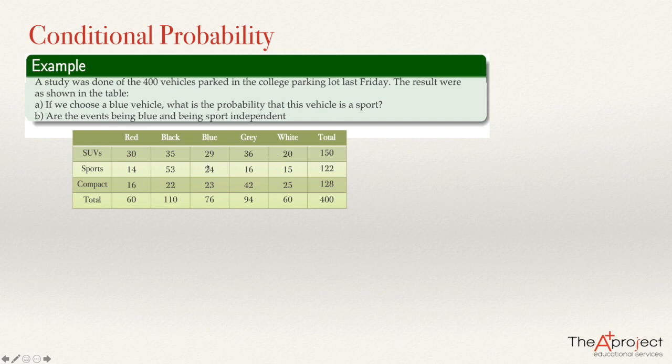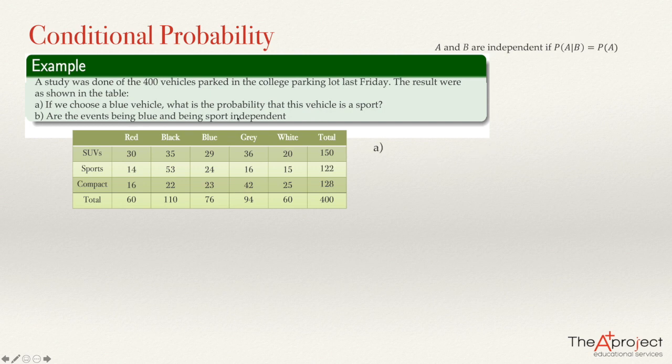There are in total 76 blue vehicles, and there are also 122 sports vehicles. We know that A and B are independent if the probability of A given B is the same as the probability of A. This is the definition of independent events.